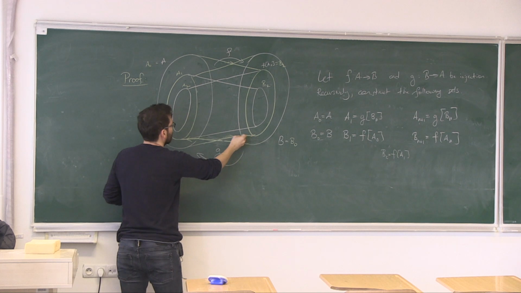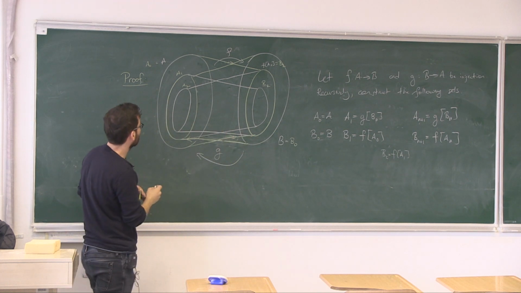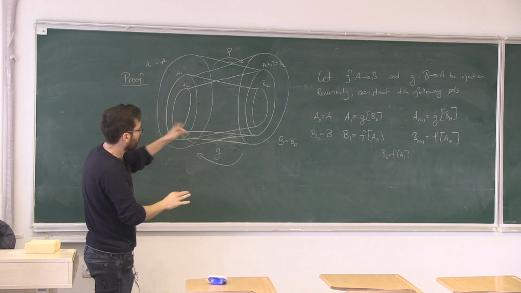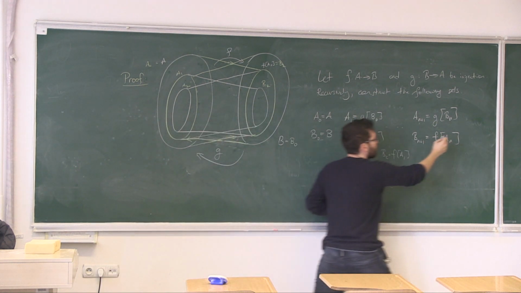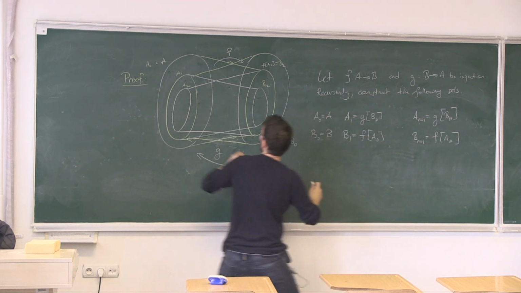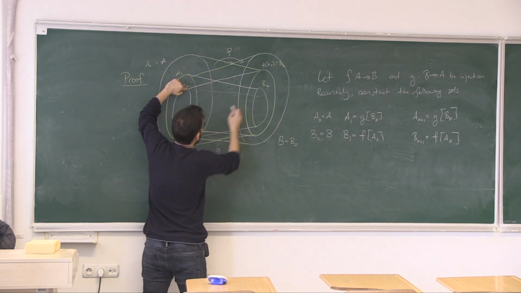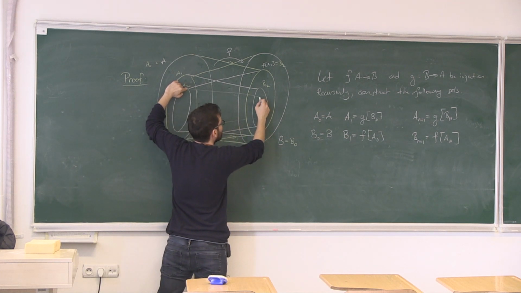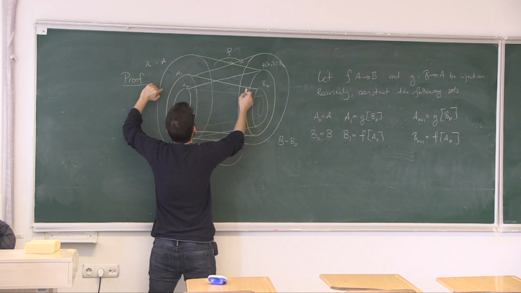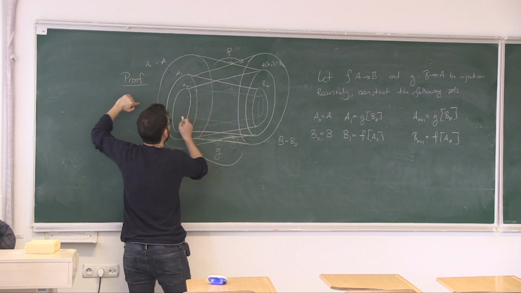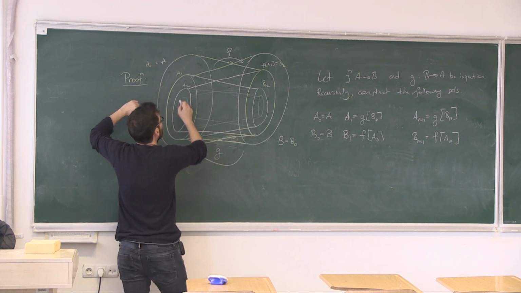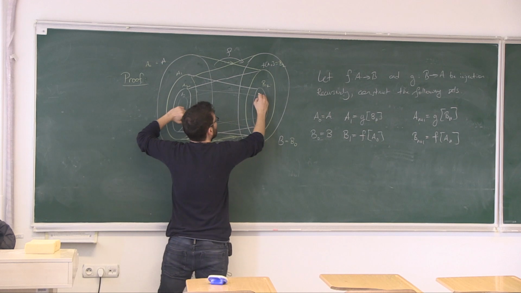So this maps to that. And yeah, everything is good. Now I'm going to keep doing that for every n. Apply F to this, apply G to that. And this is A3, this is B3.